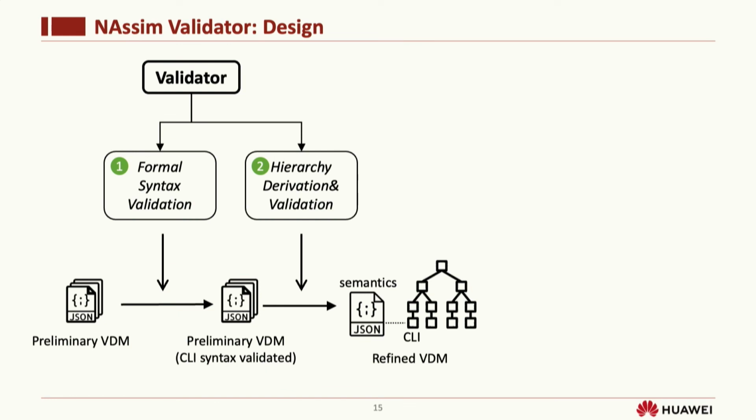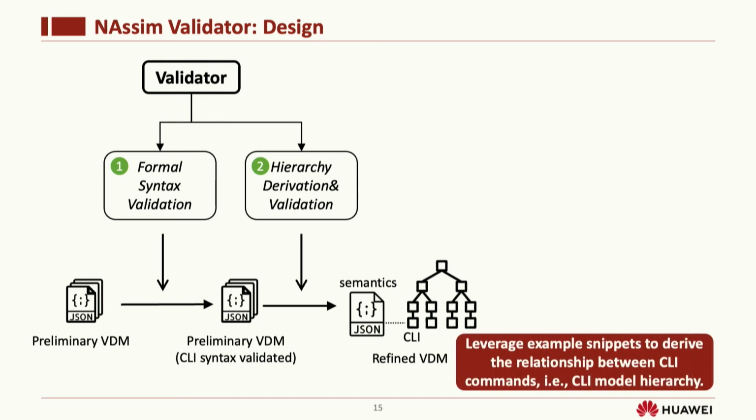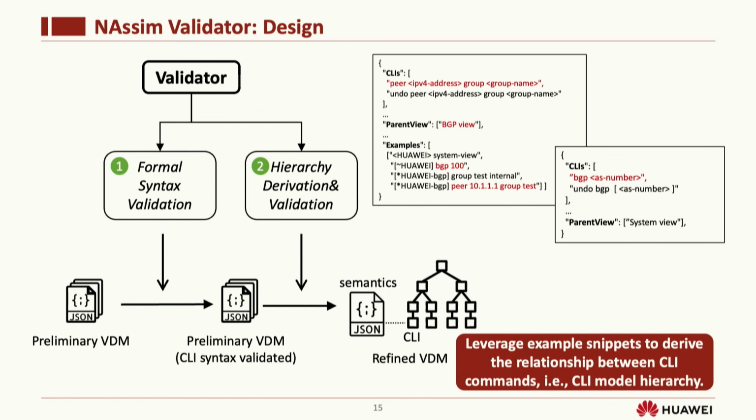And the second part works on the inter-command level. Here, we want to derive the tree-based CLI hierarchy implicitly in menus. Thus, we leverage the example snippets in the menus. Examples in the menus generally present an instance of a CLI command and its parent command.